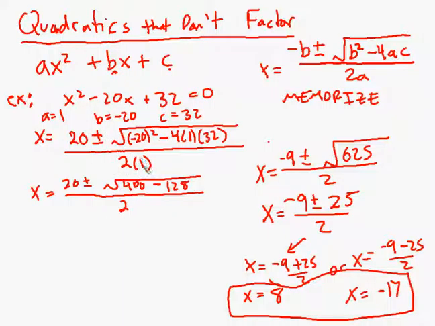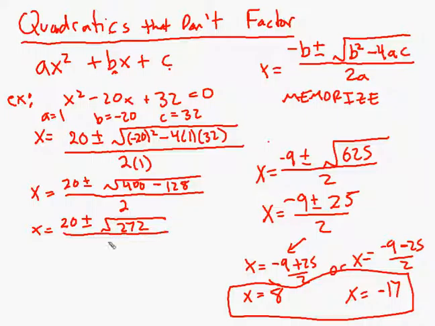Now, some students end up forgetting this and start just writing a 2 down here all the time. It is 2 times a. Usually a is a 1, but sometimes it's not, so you do need to watch out for that. So we have 20 plus or minus square root. What's 400 minus 128? 272.